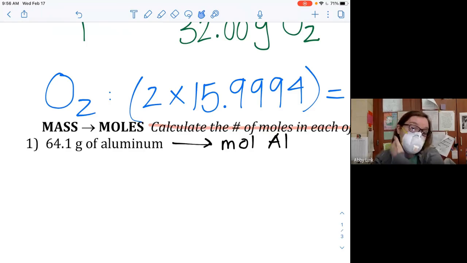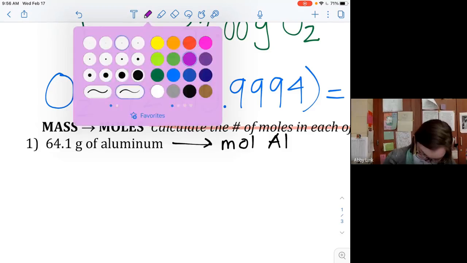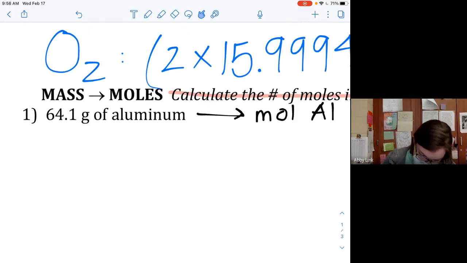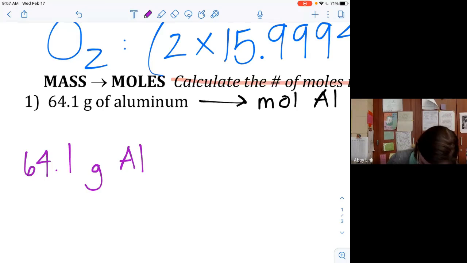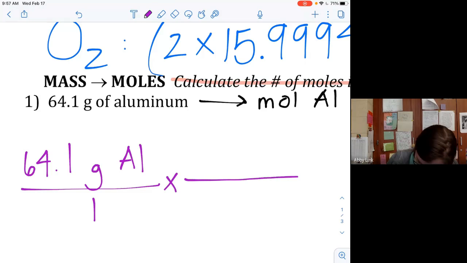It's sort of on the right-hand side there. All right, so let's start this off by writing what we're given over 1. With the units, we're never going to not have units here, guys. So we've got 64.1 grams of aluminum over 1. And then I'm going to go ahead and draw my line.